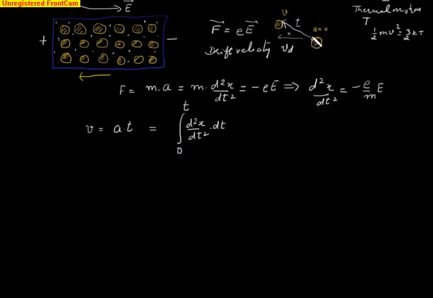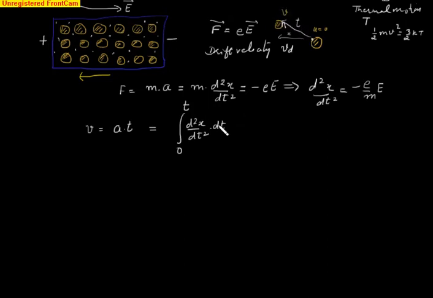Here t is the time in which the electron moves from here to here. So from 0 to t, we can determine how much distance is covered by this electron along the x-axis, and how much velocity it acquires during this motion.